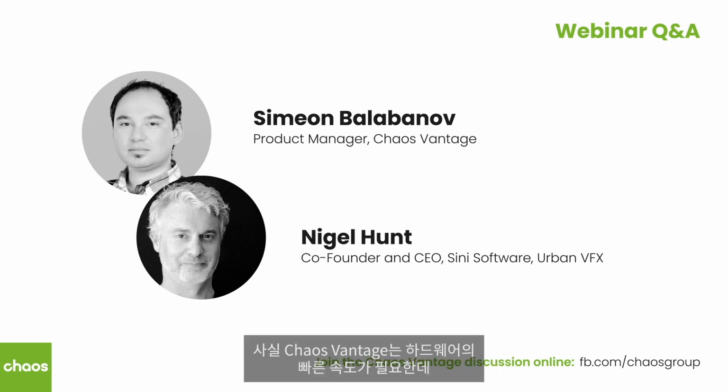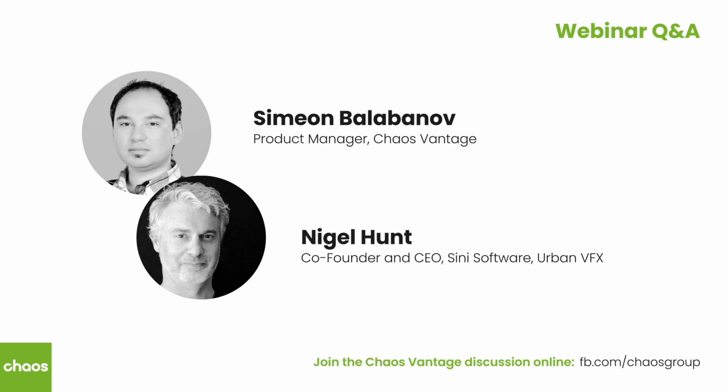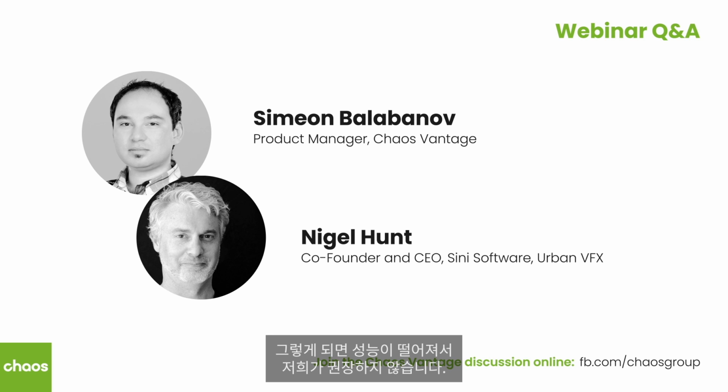Actually, Chaos Vantage requires hardware ray tracing. The GTX 1080 Ti can run Vantage, but that comes at a significantly lower frame rate, 8-10 times lower, which delivers quite diminished performance, and we don't recommend that.